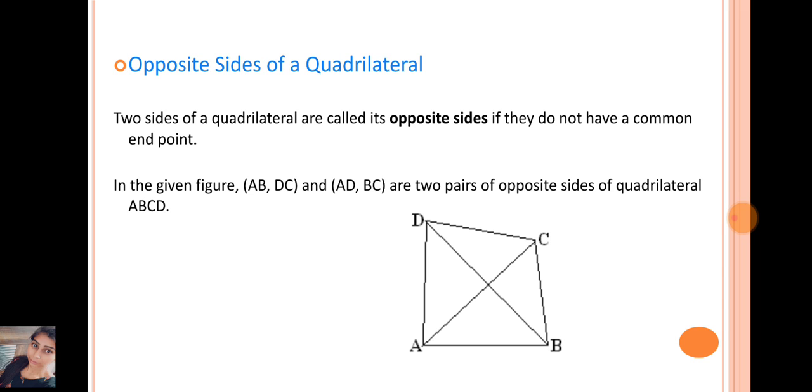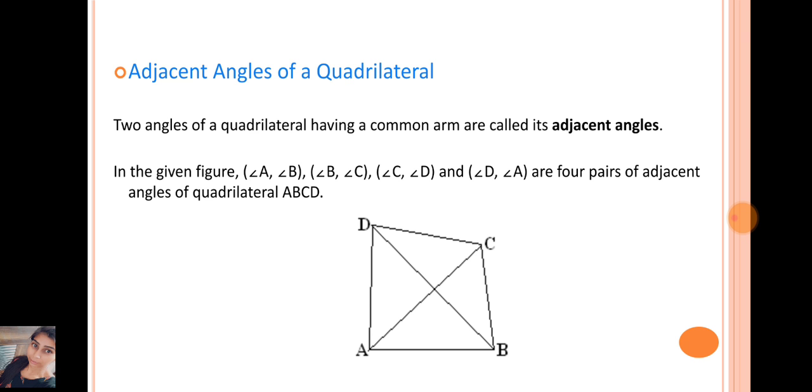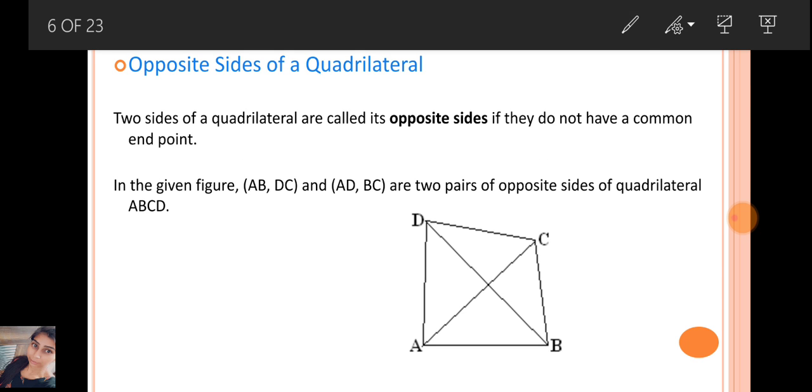Now just see, two sides of a quadrilateral are called its opposite sides if they do not have a common end point. So they should not have any common end point. Just see, this is one side and this is the other side. Do they have any common end point?